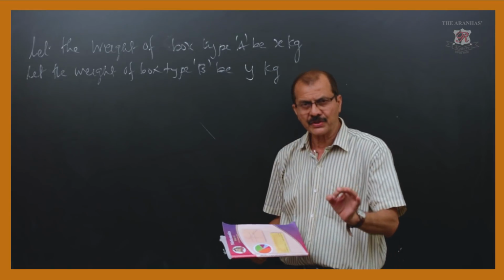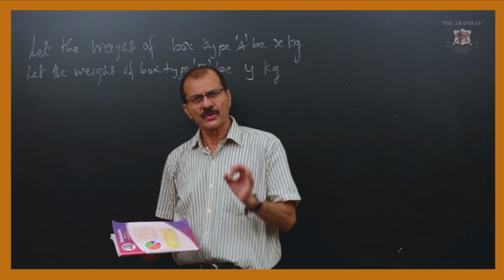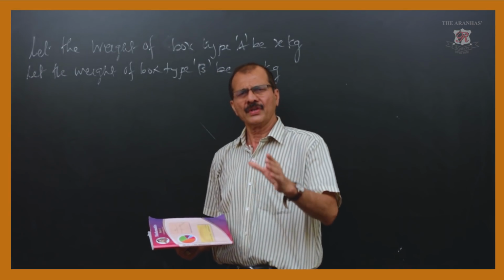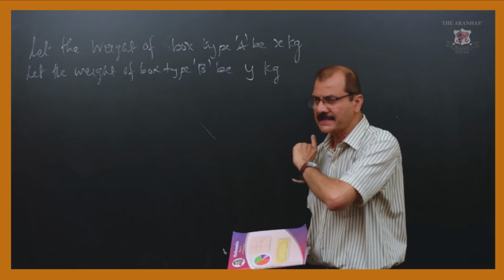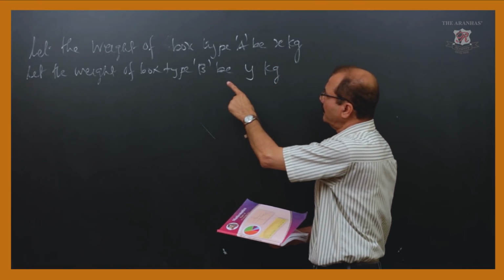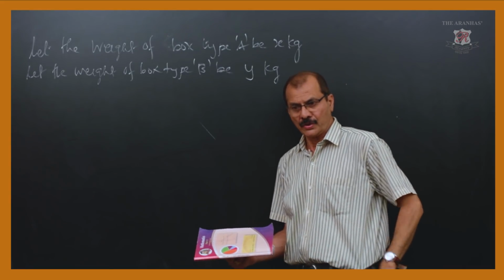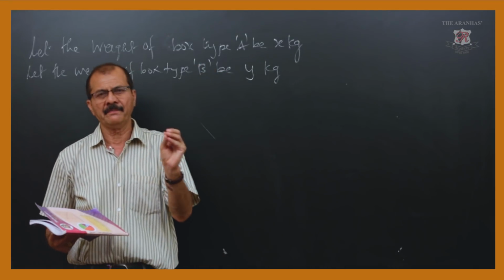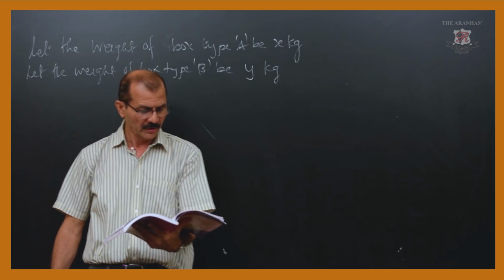So, we are asked to find the weight of each type of box. So, as you know, there are two types of box, A and B. So, suppose let the weight of box type A be x kg and that of box type B be y kg. So, once you have assumed the weights of A type and B type, now you read the first statement.